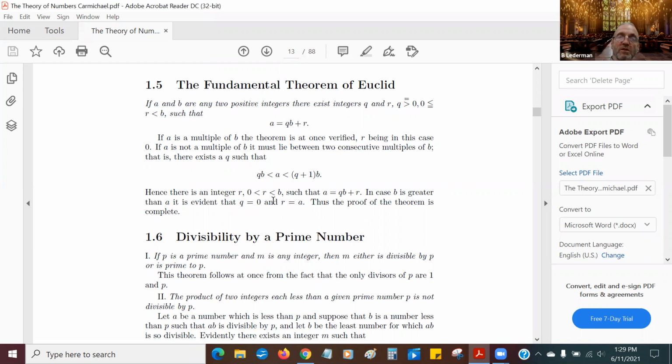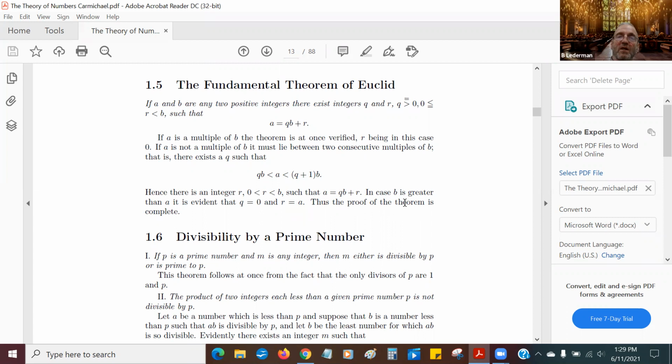So there is a Q such that A equals QB plus R. If I take QB and add some number R, which is less than B, I get my A. That's all it's saying. And in case B is greater than A, then just Q equals 0 and R equals A, and that's a done deal. So the proof of the theorem is complete.